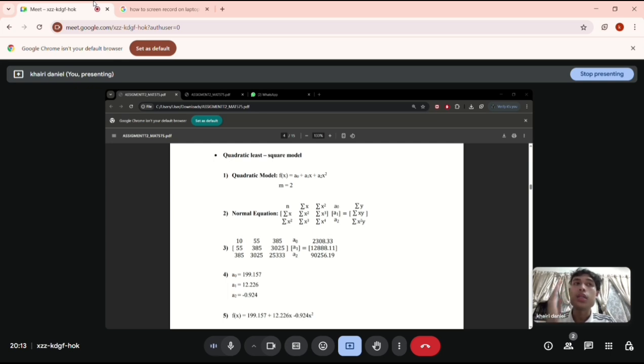From the values that we get, we insert them into the general equation, so that we get the equation of this quadratic least squares model using our data. We will get f(x) = 199.157 + 12.226x - 0.924x squared. That's all for this method. We'll continue with the next method.